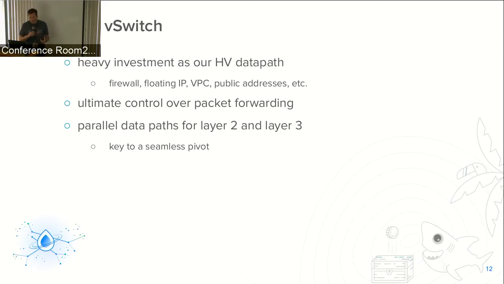It's been an advantage for us because it gives us all the control that we need. In this specific case, and Jacob will talk about this, we built parallel data paths for layer 2 and layer 3 so that packets could traverse either data path at the same time. This was key for us to get a seamless pivot from the VLANs layer 2 to a layer 3 network before we actually shut down the VLANs.